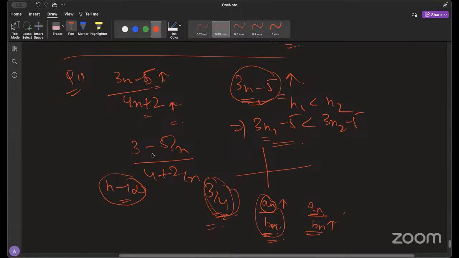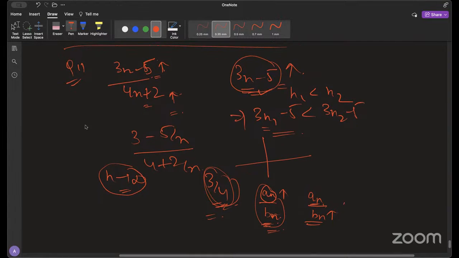Ma'am, in this question, they are just asking whether the function is increasing or decreasing.